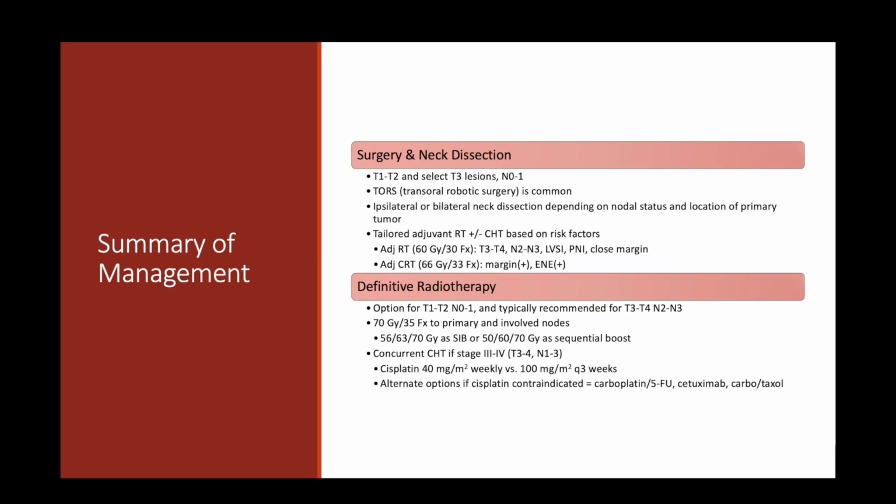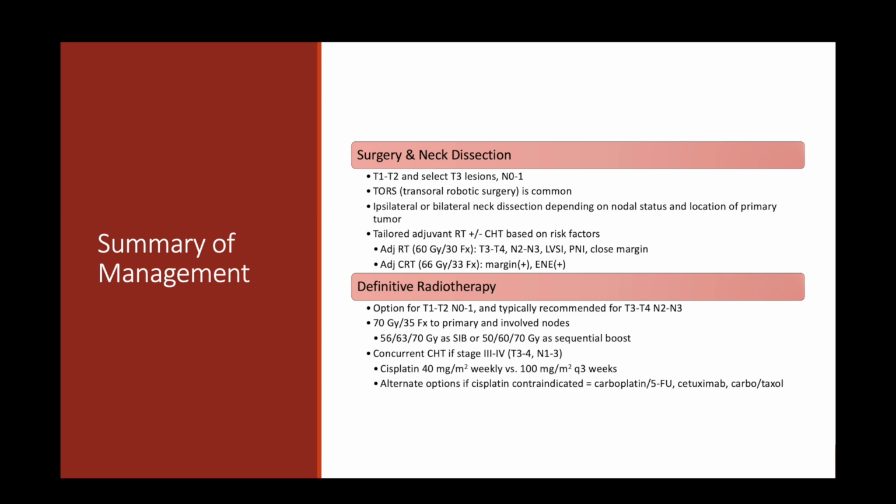So how do we manage these patients? With oropharyngeal cancer, patients often have two different pathways that they can pursue. One pathway is for surgery and neck dissection, followed by a tailored adjuvant approach.